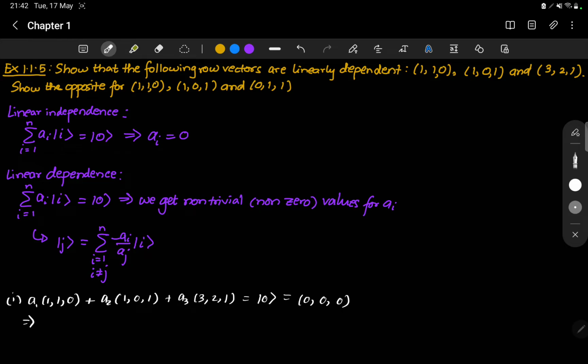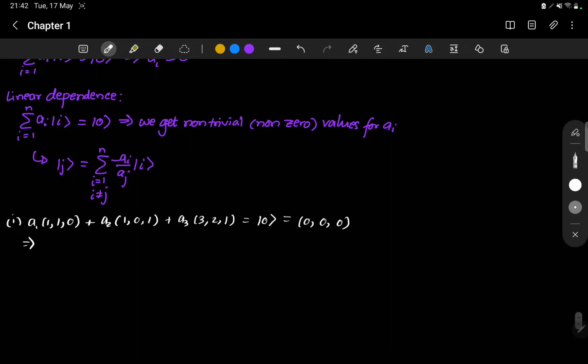Now let us try and solve this. Before that, we need to see the system of equations being formed by the above equation. So the system of equations is: a1, let us use the property of scalar multiplication for these vectors.